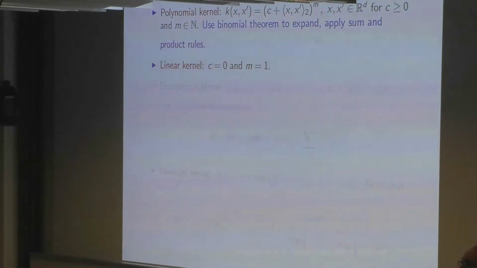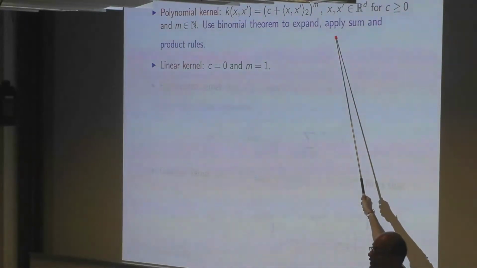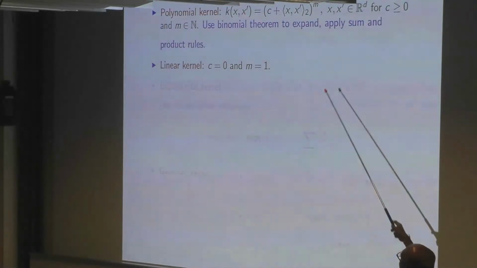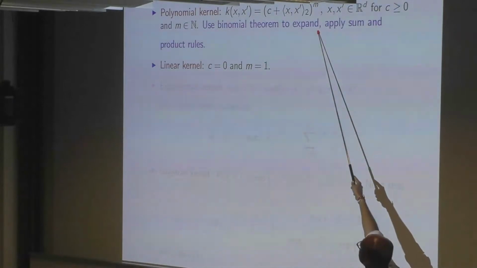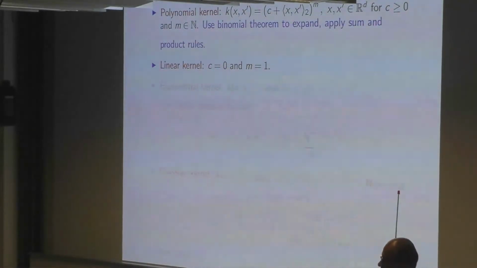Now we can use these properties to verify that the popular kernels that we usually consider are indeed kernels. Take the polynomial kernel as an exercise. I have given hints: to verify that this is a kernel, just use the binomial theorem, and then use the sum and product rules that I have shown you before.